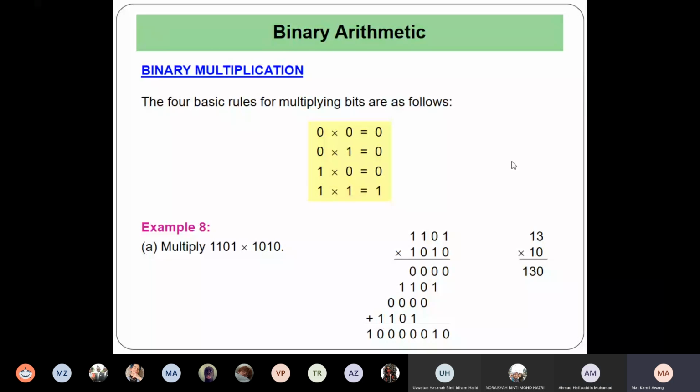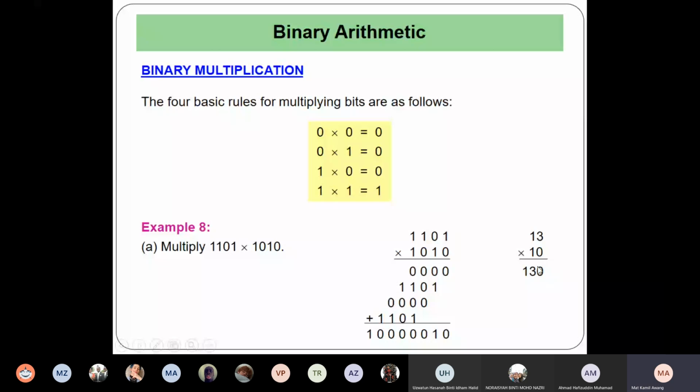So if we multiply 1101 multiplied by 1010, you set up the working like this. Basically 1101 is 13 and 1010 is 10. So if you multiply, your answer will be 130 in decimal.